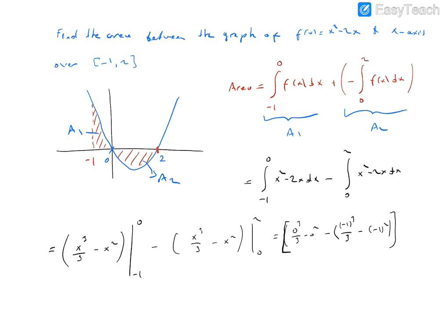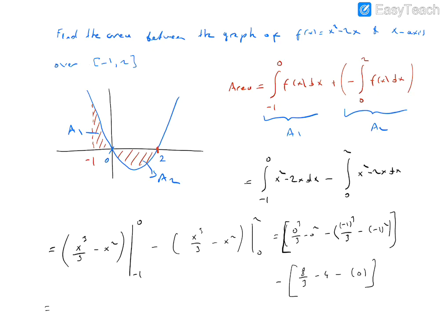So this is the first difference. For the second, minus, for x equals 2, the cube is 8, so 8 over 3 minus 2 squared, which is 4, minus, for x equals 0, this is 0. Okay, let's conclude our result.